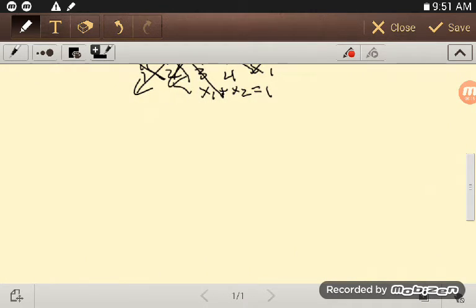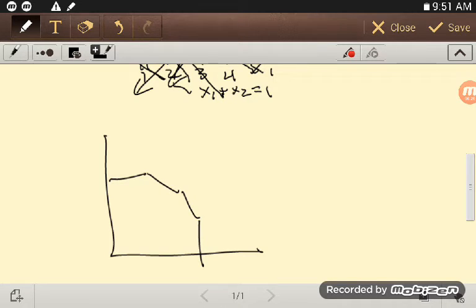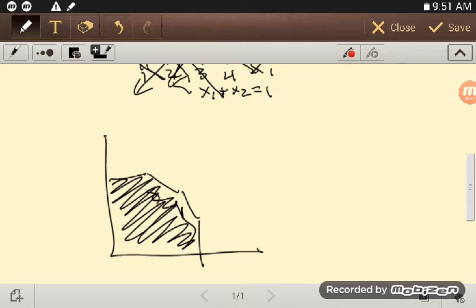Now I'm going to clean that up a little bit. Again, graphically in canonical form, what's happening is I'm making a convex feasible region. Convex means that if I have any 2 points in the region, and I draw a line between them, it's still in the region.